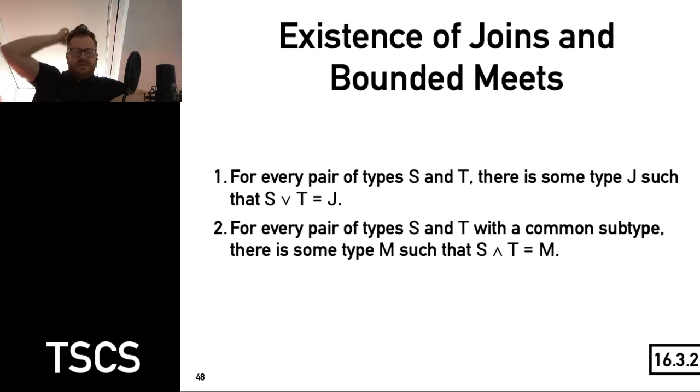So the existence of a join and a bounded meet we need to show. This is helpful to say that they actually exist.